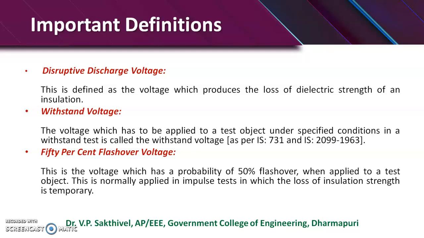That is, disruptive discharge voltage is the voltage which produces the loss of dielectric strength of an insulation. That is the voltage at which the electric field stress in the insulation causes a failure which results in a collapse of voltage and passage of current. This is called the disruptive discharge voltage.